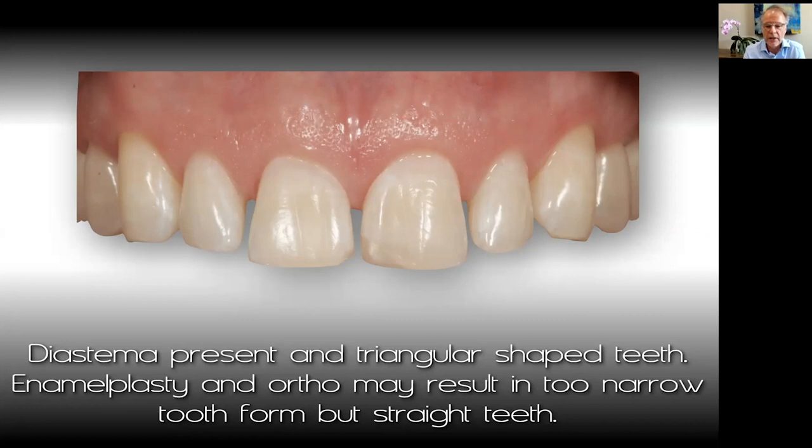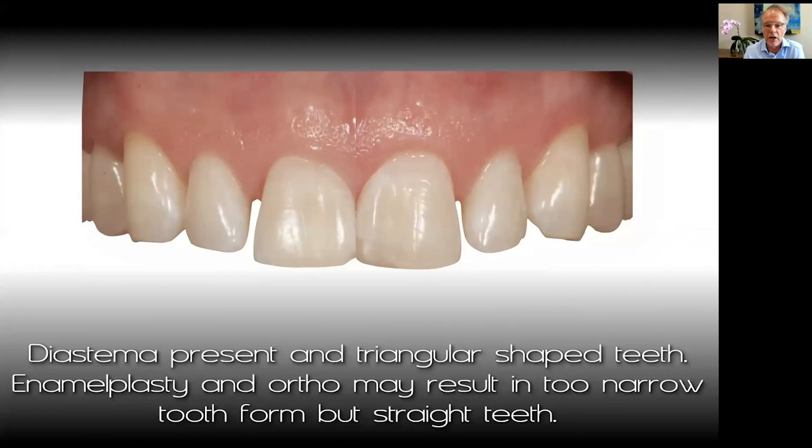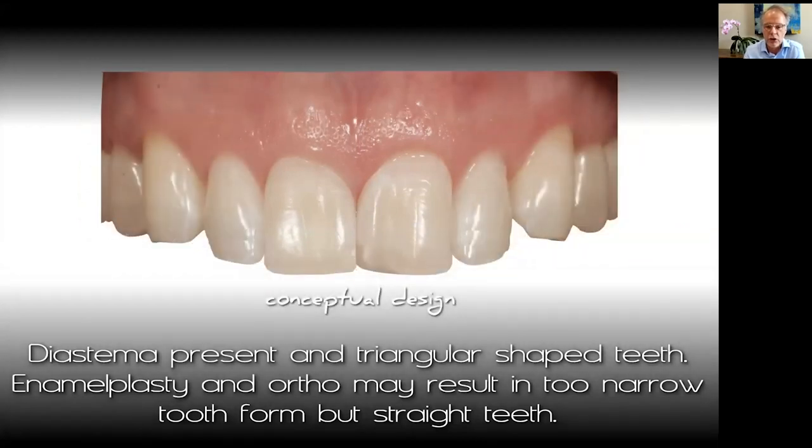We look at the diastemas that are present, but he has triangular shaped teeth here. If I take a bur and plasty the interproximals, do that on all of the anterior teeth, and add the restorative length that he would like, then the question is, are the teeth too long and too narrow?